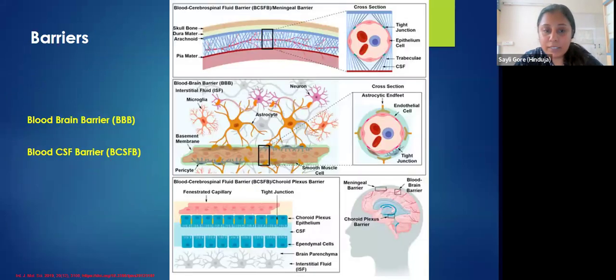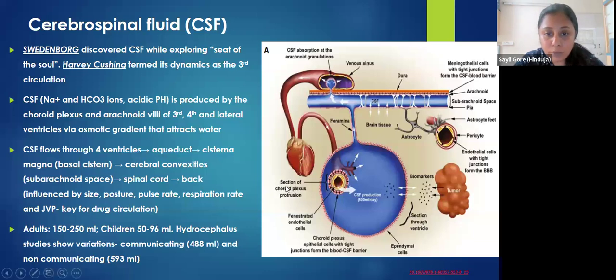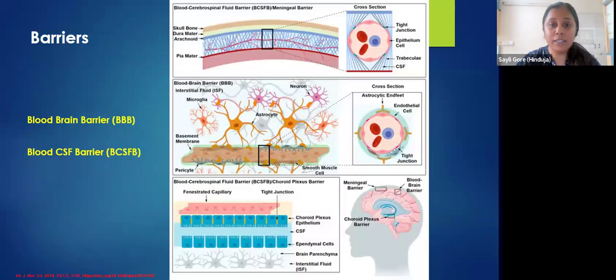So I just explained the flow of the CSF through the choroid plexus as well as the blood capillaries. Why I explained these two parameters is because not everything goes into the brain. As you all know, we all study in human anatomy and physiology that there is something called the blood-brain barrier and the blood-CSF barrier.